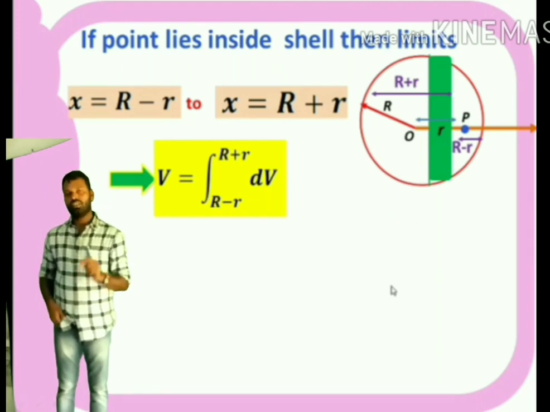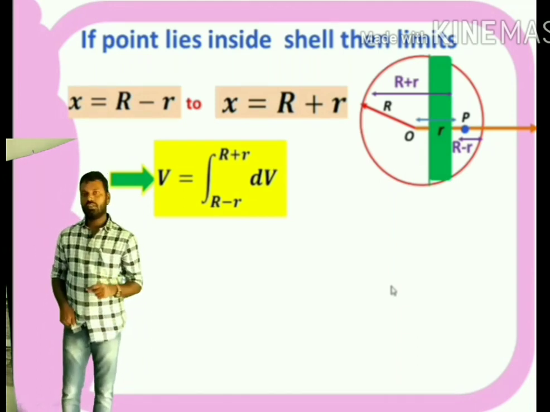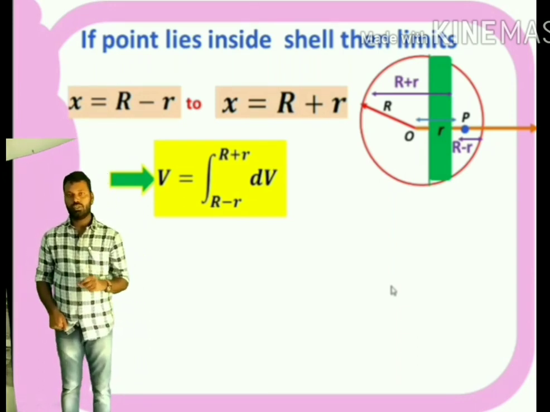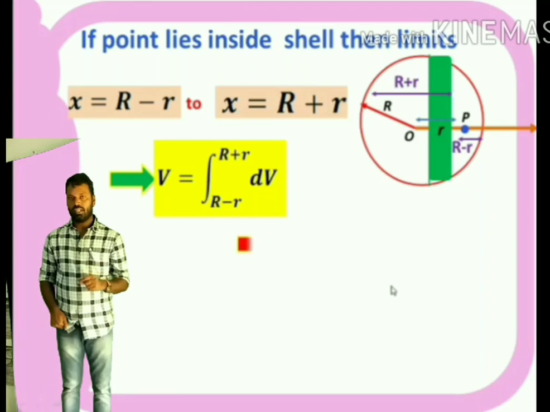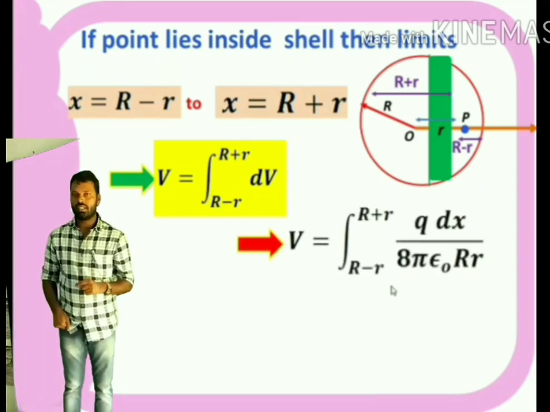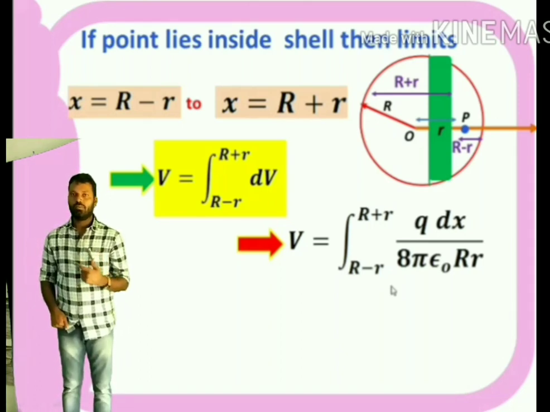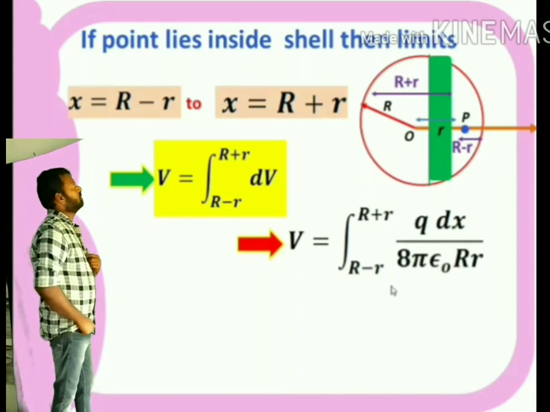If I substitute these limits, then my potential V is equal to the integration from capital R minus small r to capital R plus small r of dV. That implies V is equal to the integral from R minus r to R plus r. What is dV? dV is equal to q dx by 8 pi epsilon naught R r.